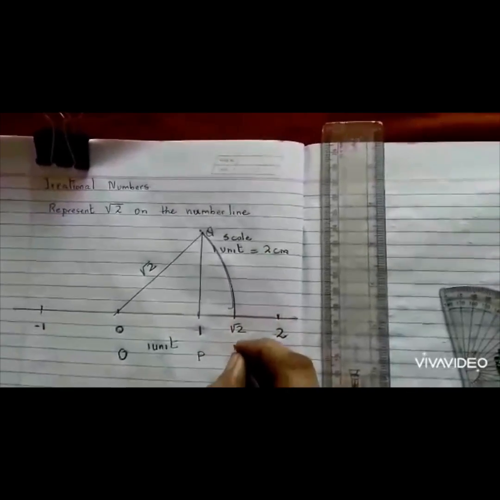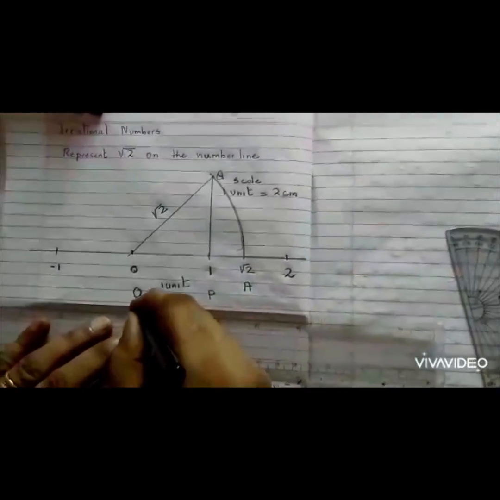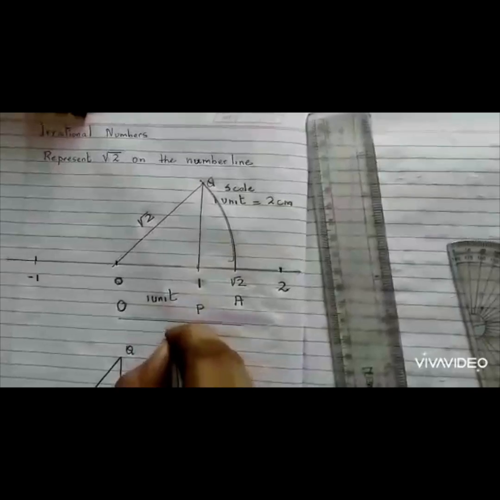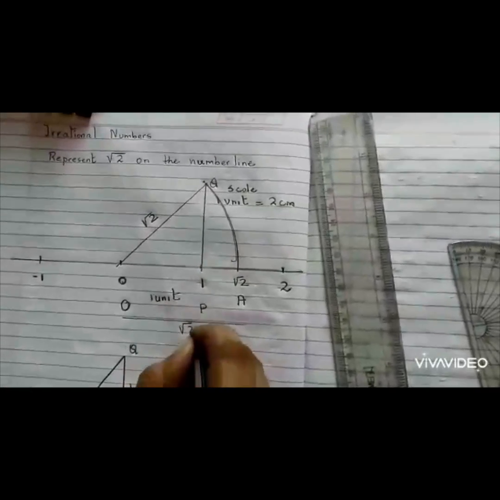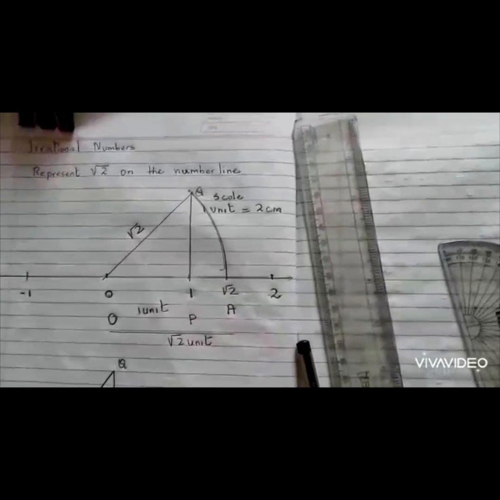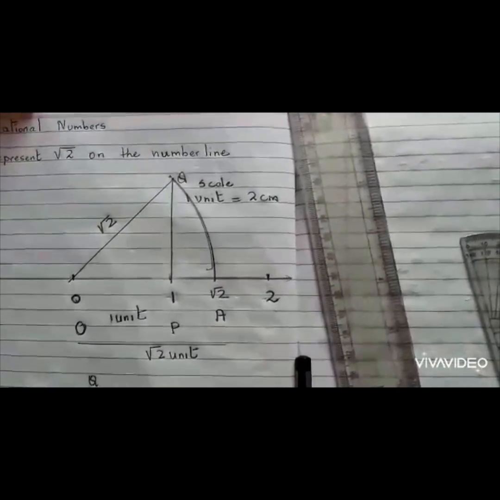That is, we represent it as point A. So OA is root 2 units. I hope you have understood how to represent root 2 on the number line.